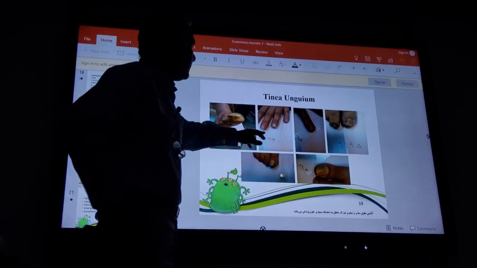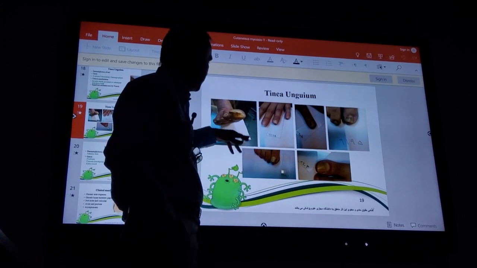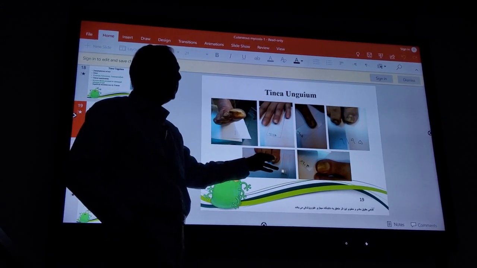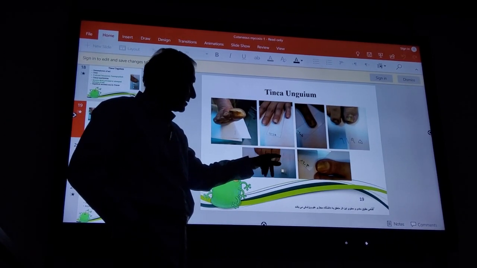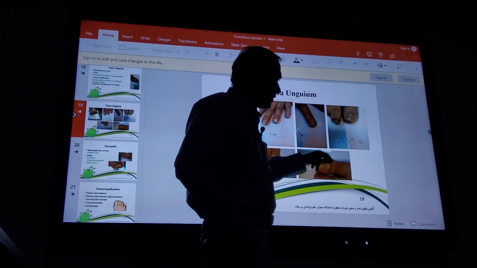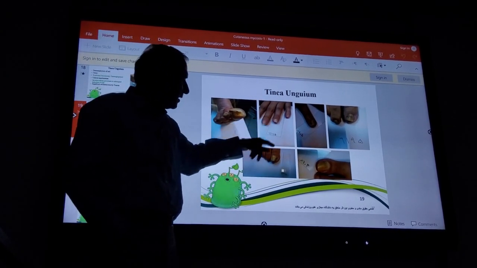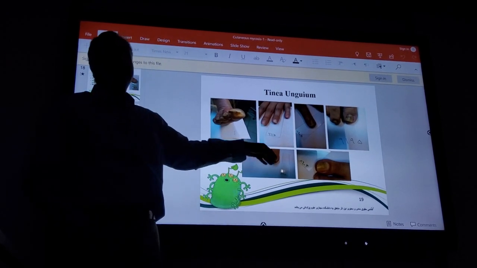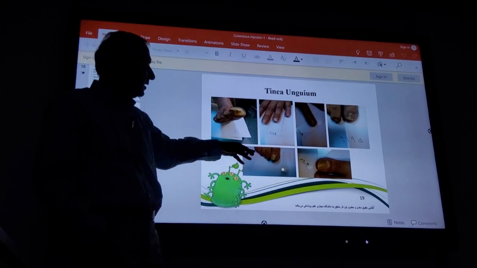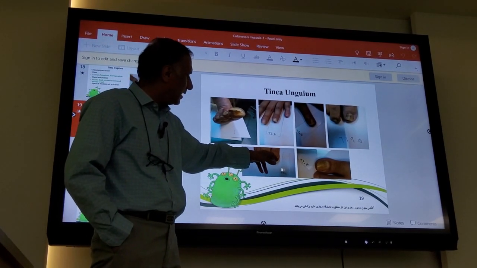You can see the change of color here, and hypertrophy or thickness in this patient. Usually tinea unguium starts at the edge of the nail, the proximal nail, usually starting from here.